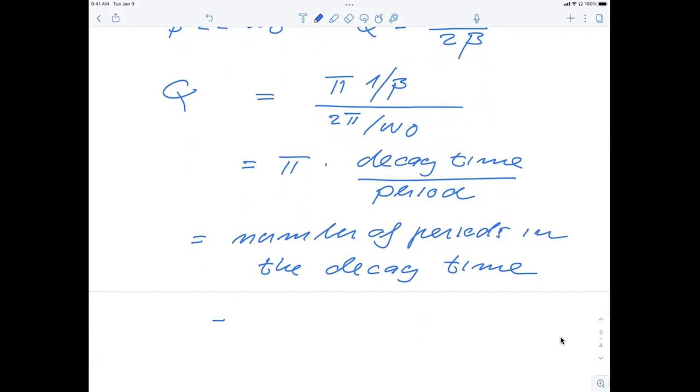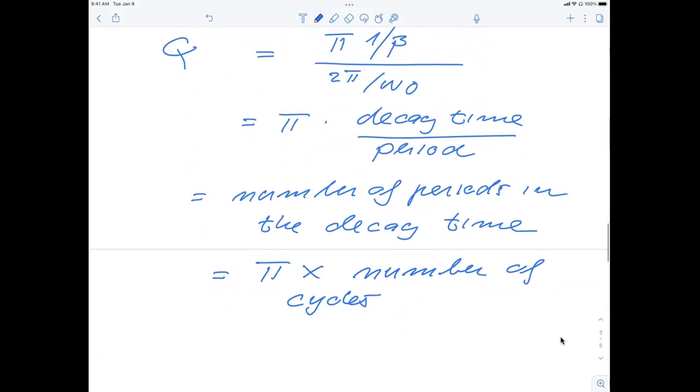Or we could rewrite it as pi multiplied by the number of cycles which the oscillation performs in one decay time. So our oscillation makes these cycles in one decay time.